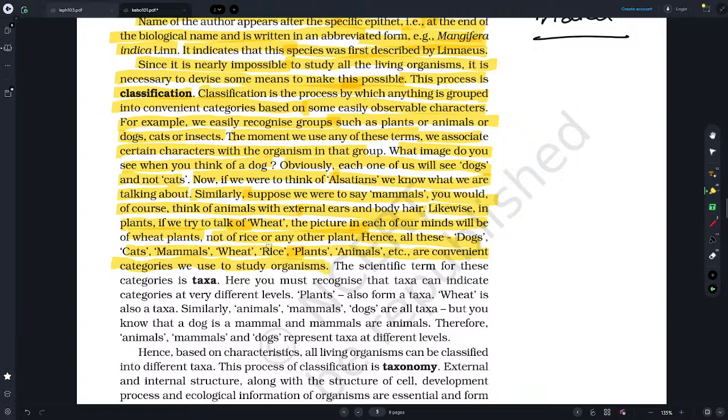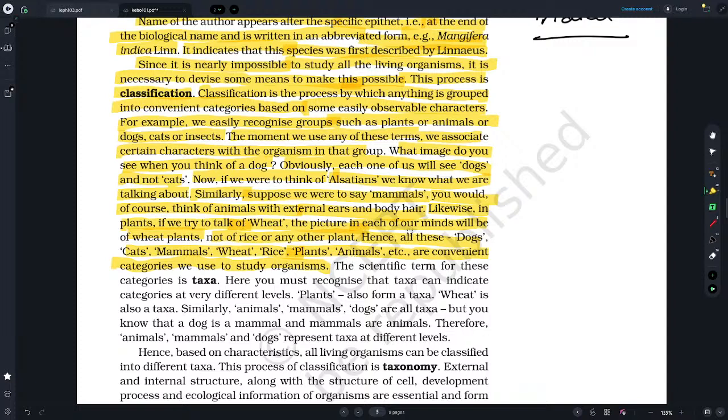Under animals, you can study various organisms. Under plants is the same. So these two categories, plants and animals, are the ones under which we can study various organisms much more easily.